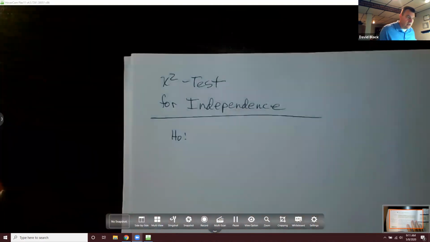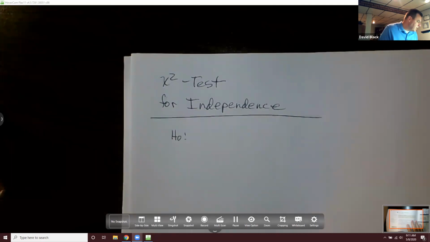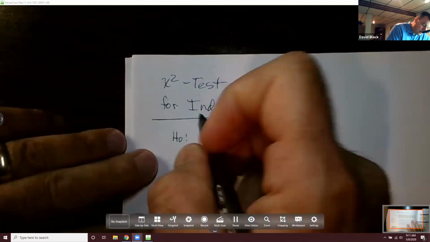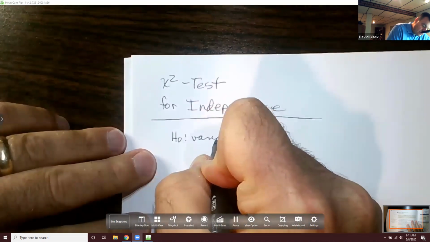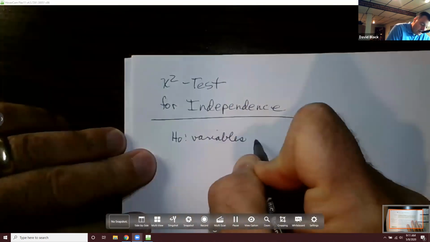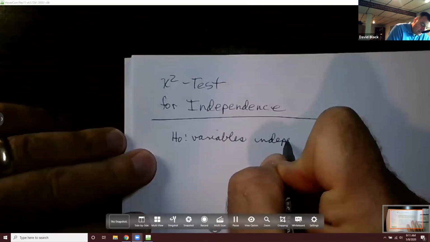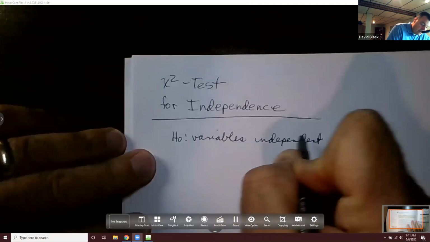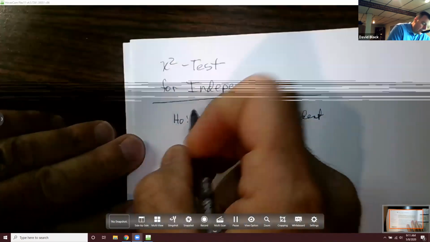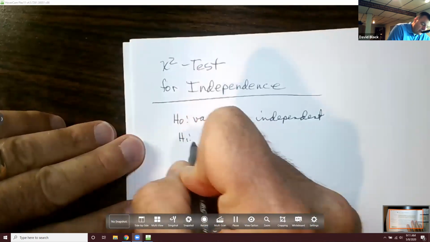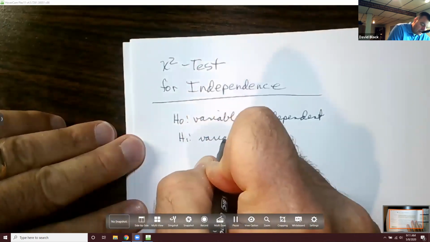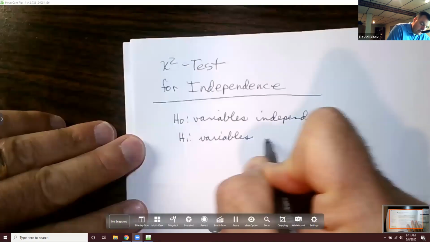They just told us H0 and H1. They said the null hypothesis is that the variables are independent. So H0: variables independent. H1 would be that they are not independent, so the variables are dependent.